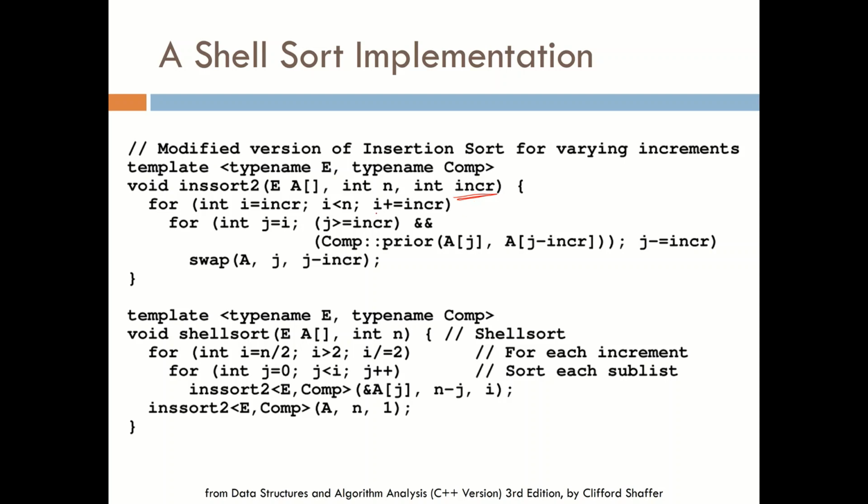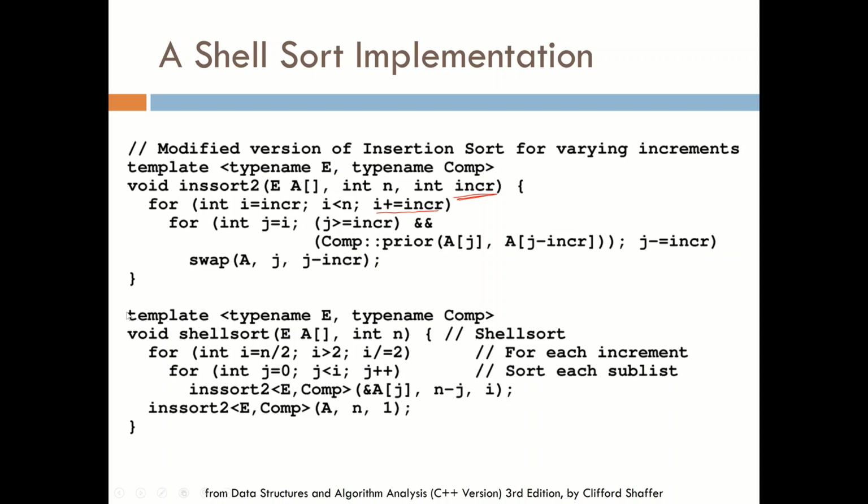So instead of bumping up this array count by 1, we actually bump it up by increment, and that allows us to skip the things that we're not interested in and to only focus on the elements that are increment apart. And you notice that we will continue to decrement increment all the way down to increment 1, and then it's a complete sort.